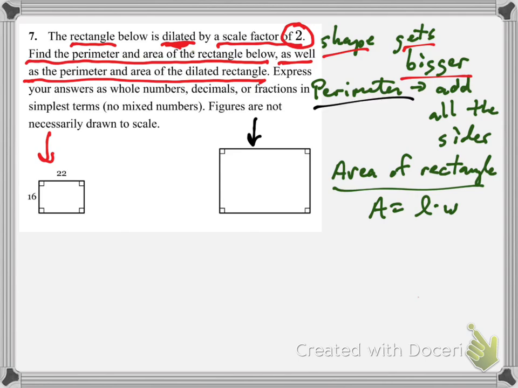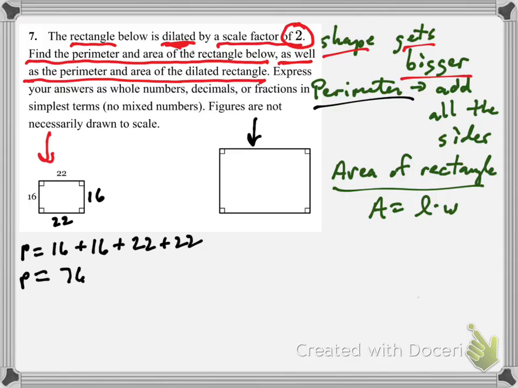Okay? Now, perimeter means add all the sides. Well, in a rectangle, the opposite sides are the same. So that's 16 and that's 22. So my perimeter is 16 plus 22 plus 22. So let's see. 32, 54, 76.